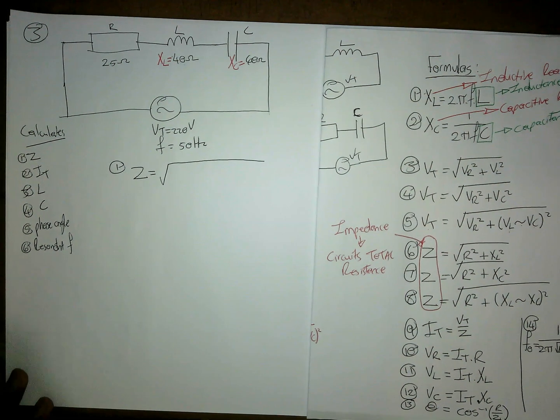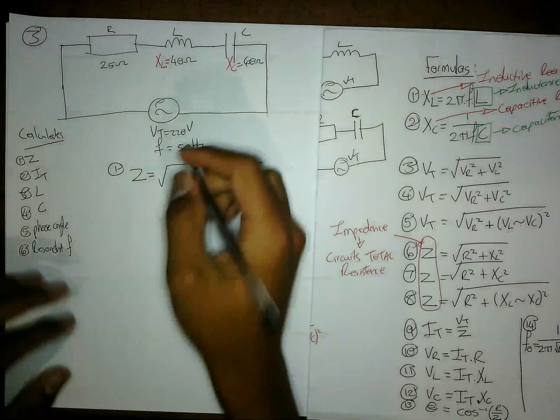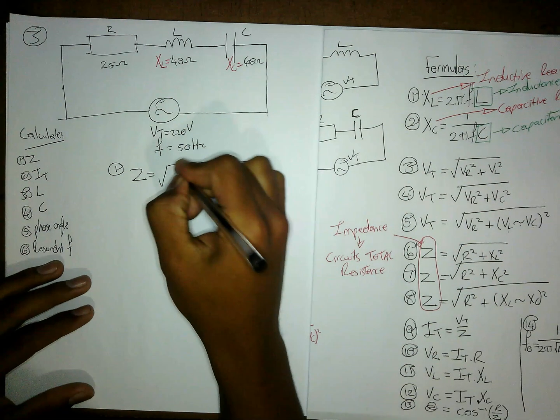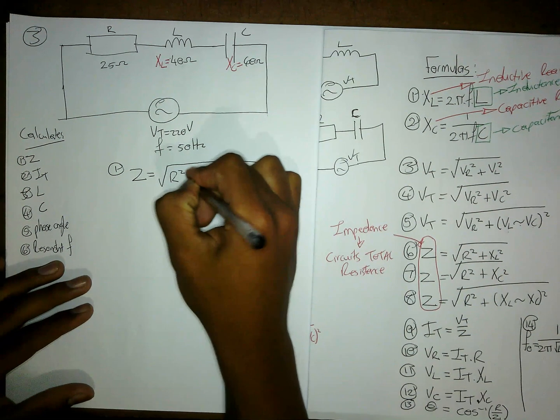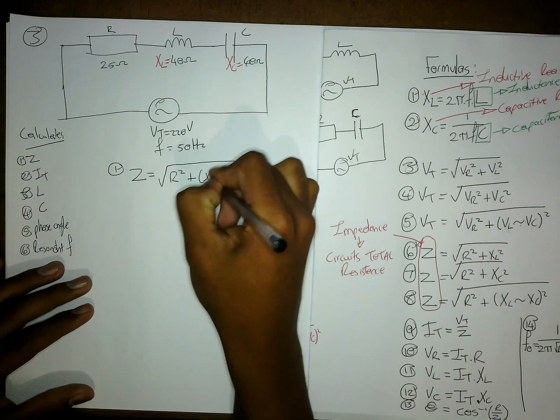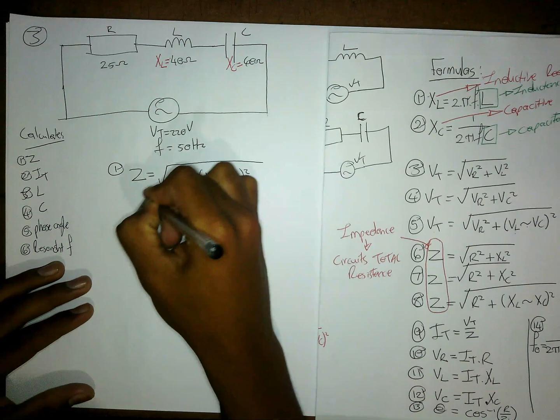Number 8, but number 3. It's the same thing, that one. Okay. XL minus XC, squared.